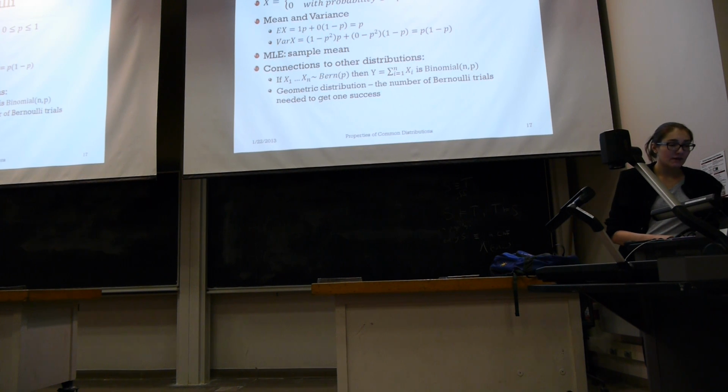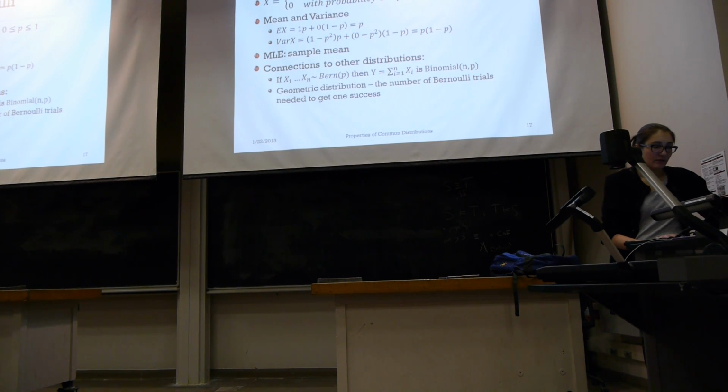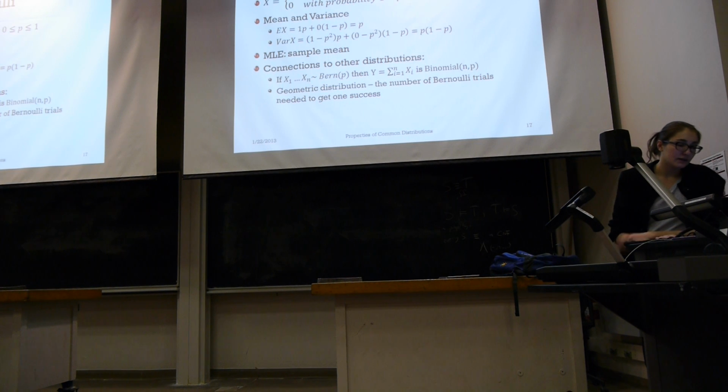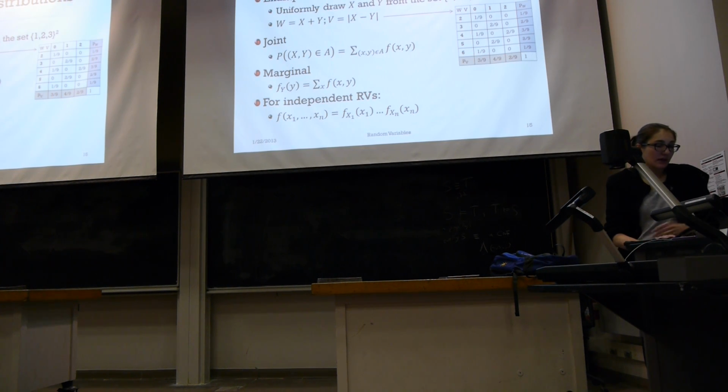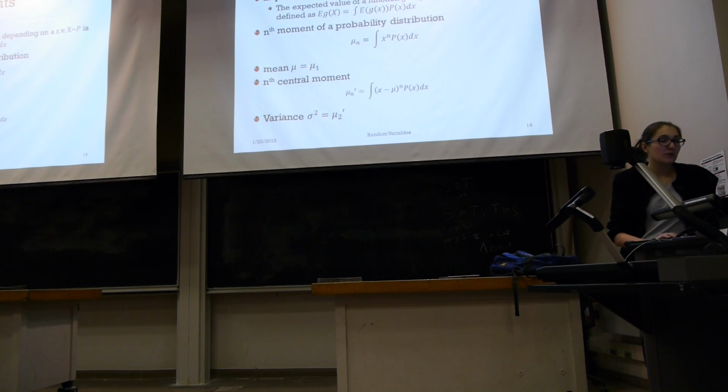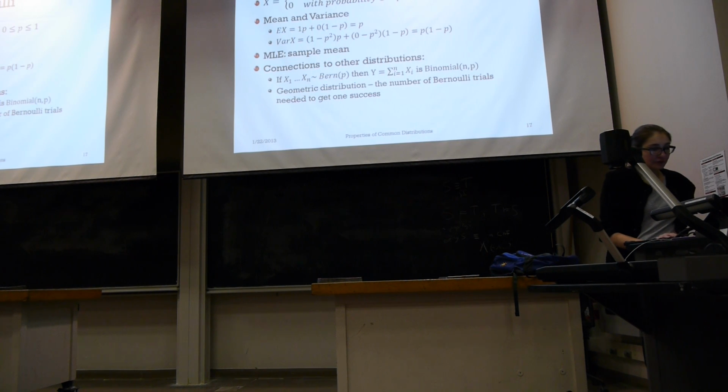The mean and variance for this variable are very easy to compute. The mean is p and the variance is p times 1 minus p. We basically used the formula of expectation to integrate the function over the probability measure.